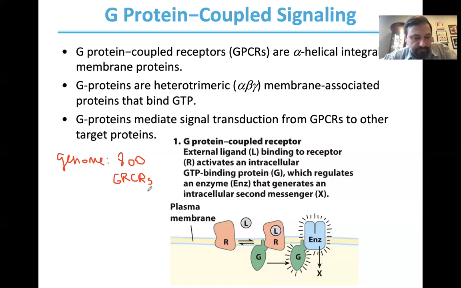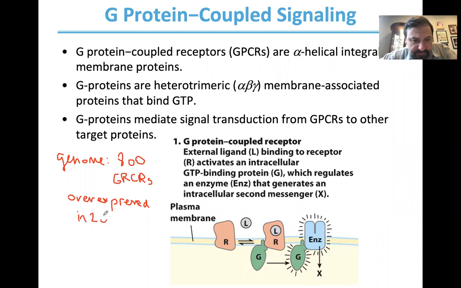And so these are for different growth factors, for hormones, for olfactory receptors, smell, for example. And GPCRs actually are overexpressed in 20% of cancers.